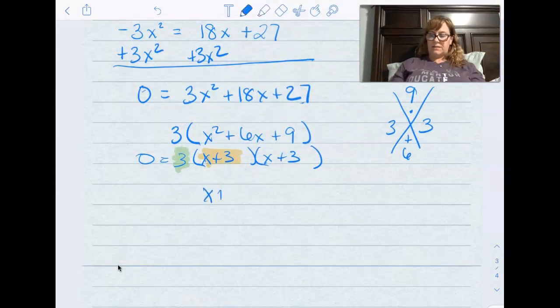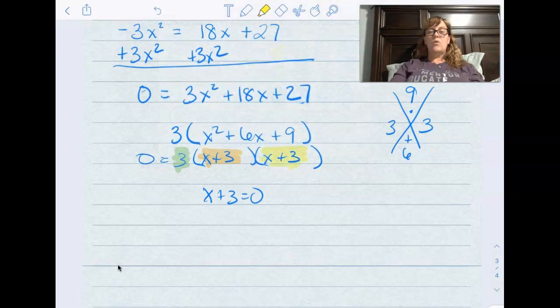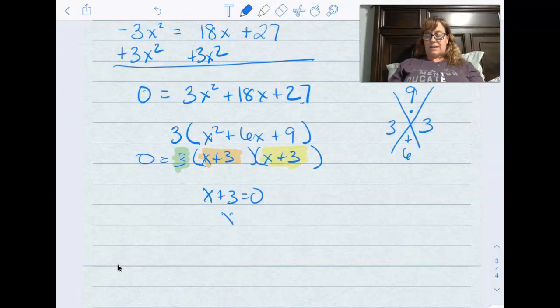So x plus 3 can equal 0. What about this one? Oh wait, it's still an x plus 3. So that means we only have to work out one of them. That means in this case, there's only going to be one possible value for x. Your x is going to equal negative 3 because you subtract 3 from both sides.